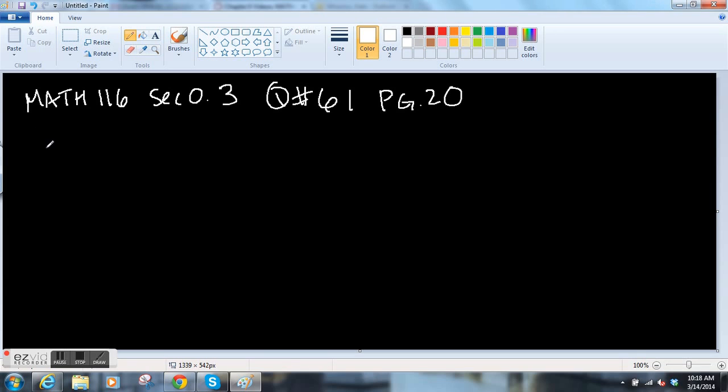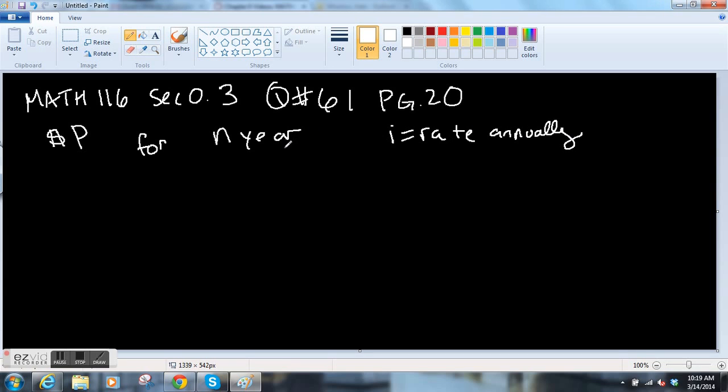So the question reads, if we invest P dollars, so our initial investment is P dollars, for n years at interest rate I, compounded annually, then the future value that accrues is given by S dollars, so this is how much money you're going to make, is equal to P, the amount of money that you put in, times 1 plus I, the interest rate, raised to the n, the number of years.